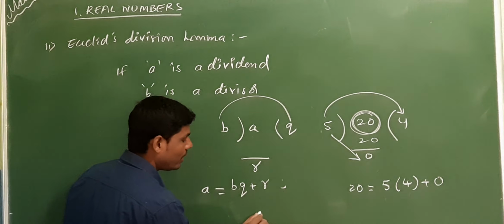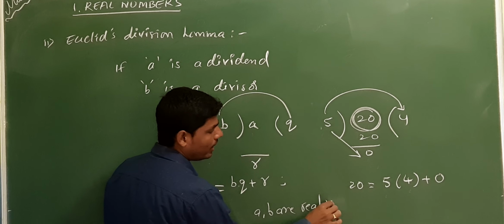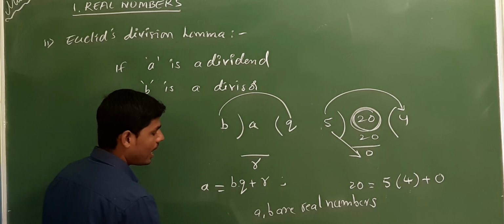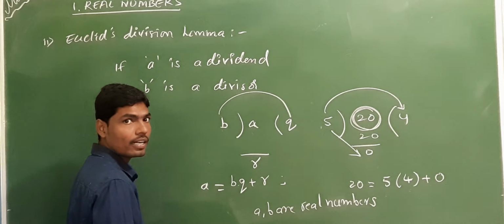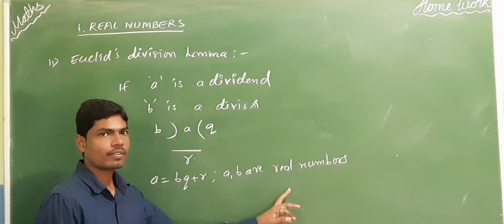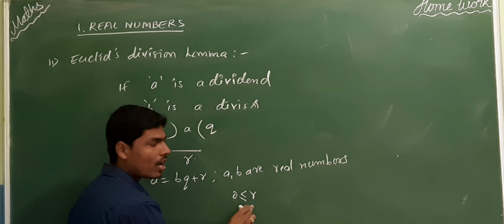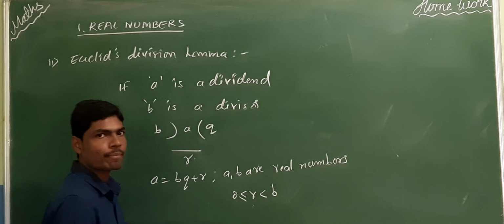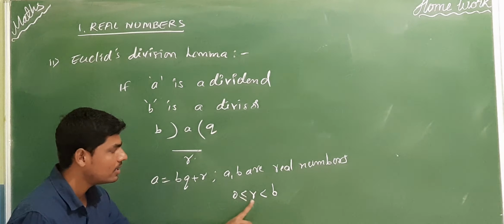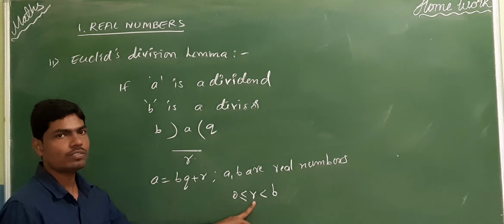Where A, B are real numbers and 0 is less than or equal to R, R less than B. That means this remainder should be less than the divisor and maybe it is equal to 0.